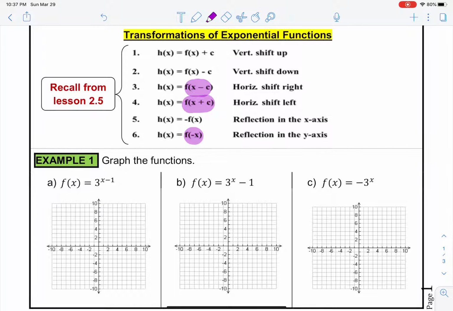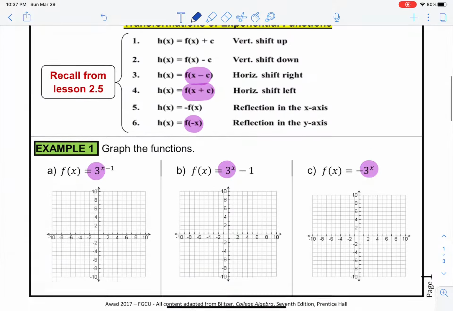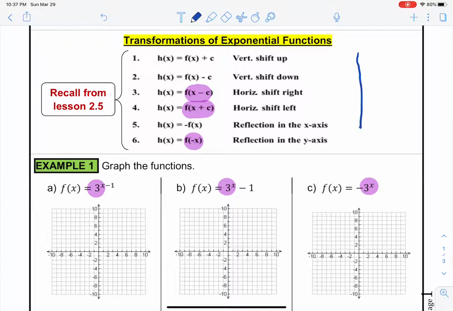So what is the base function in these three cases? It is 3 raised to x, 3 raised to x, and 3 raised to x. So let us start with the base function. We know it is an exponential, and all exponentials will look the same except for the y values.